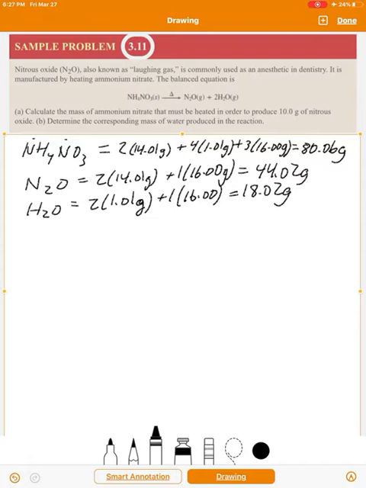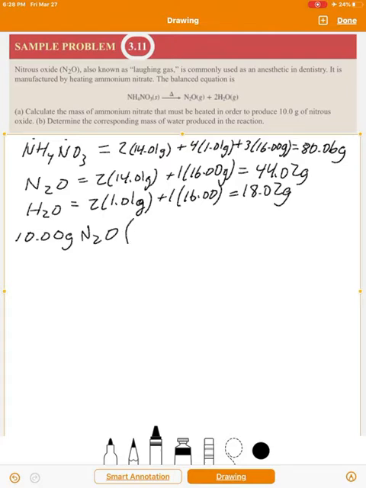So let's do part A. Calculate the mass of ammonium nitrate that must be heated in order to produce 10 grams of nitrous oxide. Remember, the nitrous oxide is the N2O. So 10 grams of nitrous oxide N2O. Now, what we want to do is get this into moles. These types of problems, generally the first step is to convert it to moles.